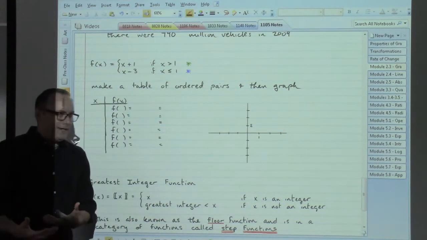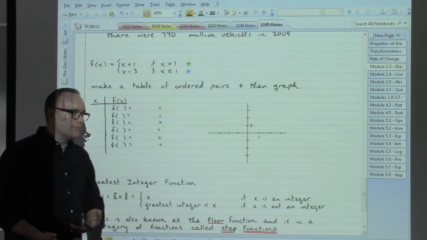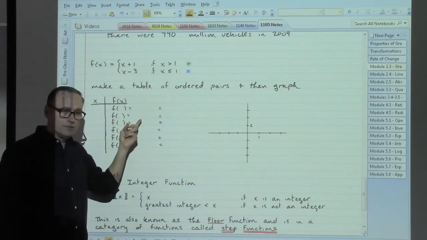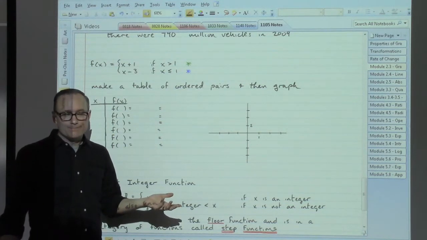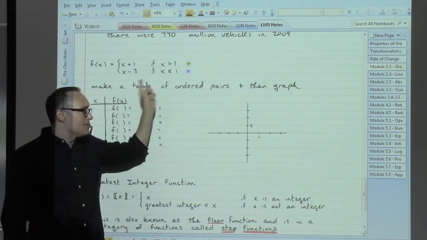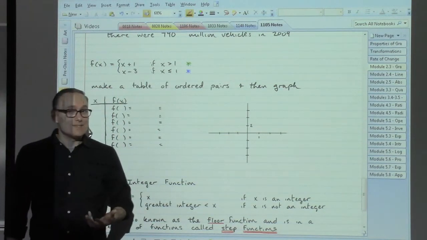But the most basic idea behind graphing is pick numbers, plug them in, play connect the dots. Gotta be a little bit more careful when we talk about those individual pieces.